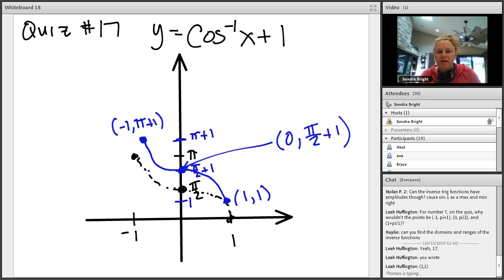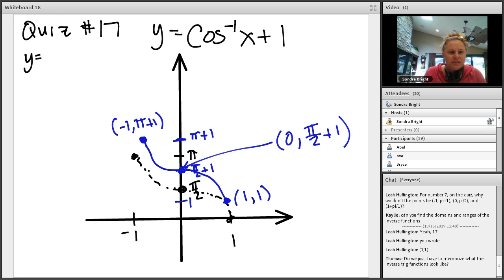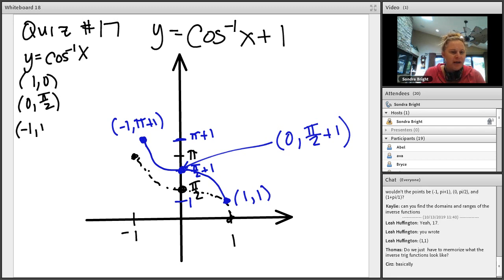Oh, it's plus 1 because you're shifting the whole graph. So if it was y equals inverse cosine of x, your points are 1 comma 0, 0 comma pi over 2, and -1 comma pi. There's obviously more points than that, but those are the 3 anchor points I use. And so you're doing your y value, but then plus 1.